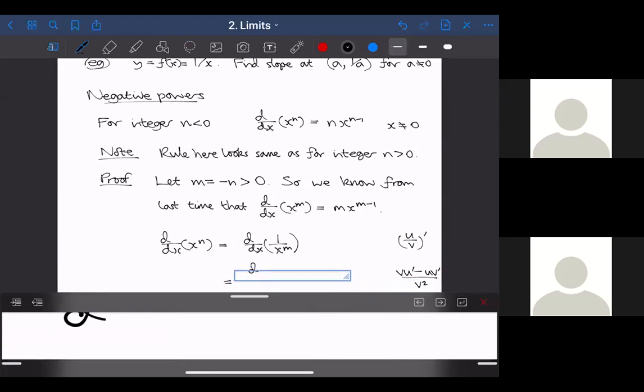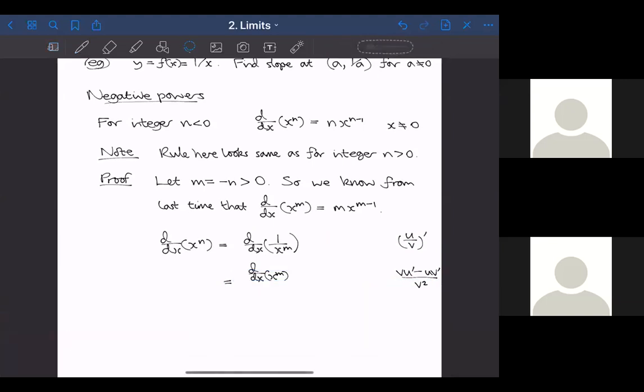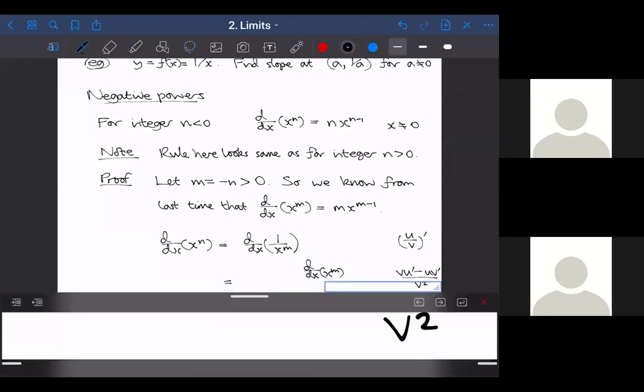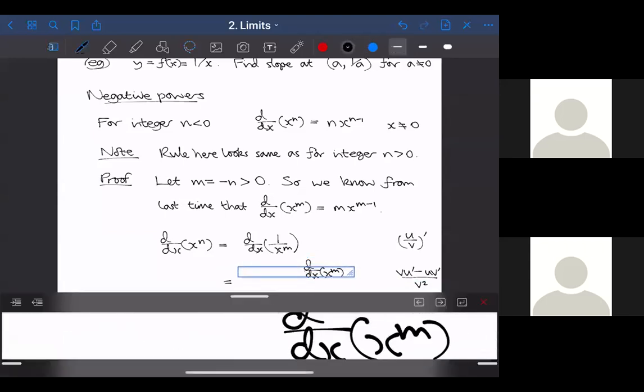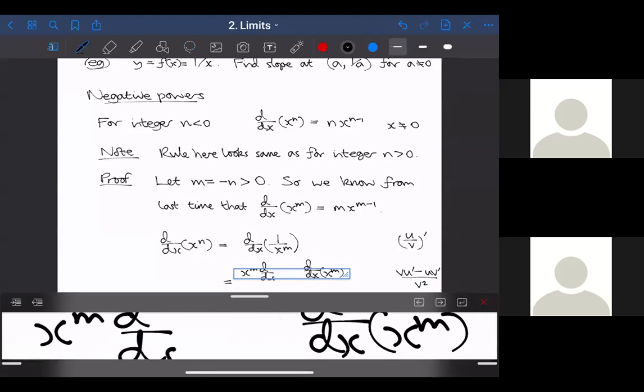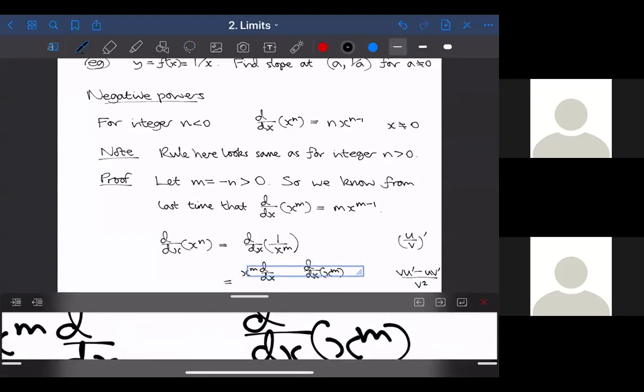D by dx of x to the m. Oh no, I've written this wrong. So first I want to take whatever's on the bottom. So what's on the bottom is x to the m. And then I take the derivative of what's on the top, which is 1.